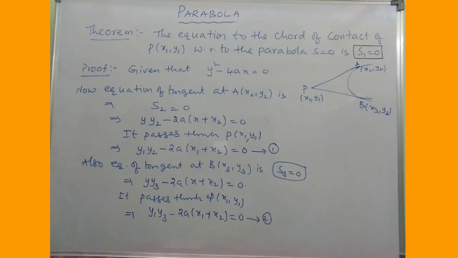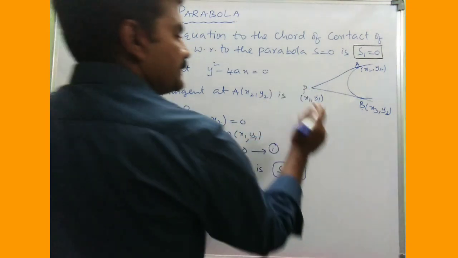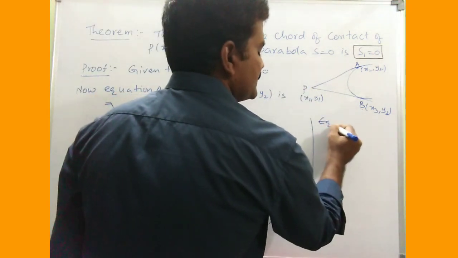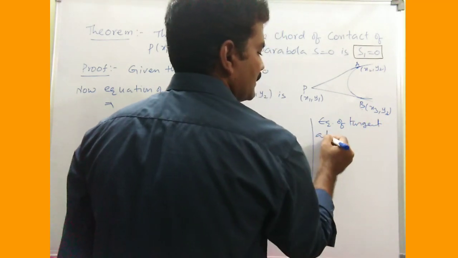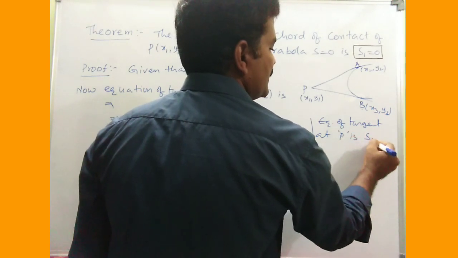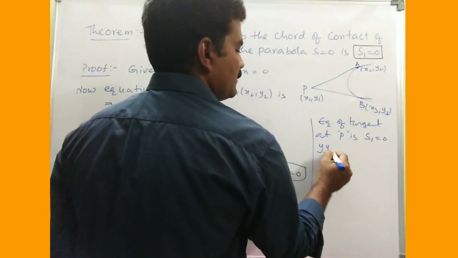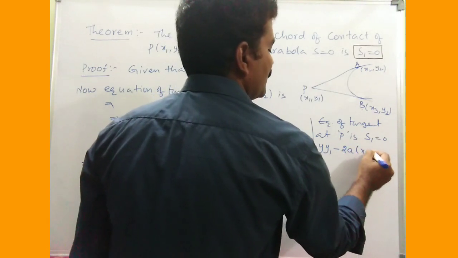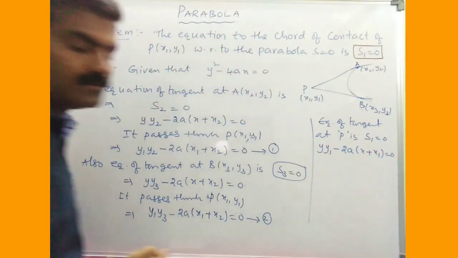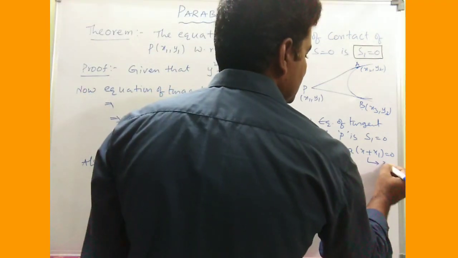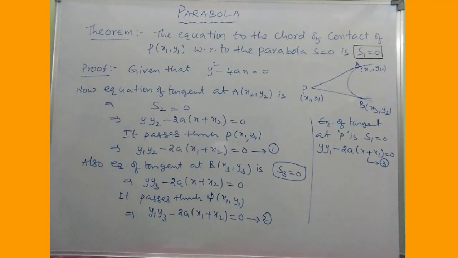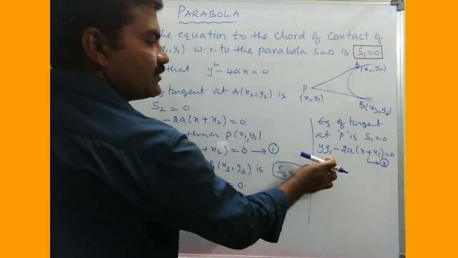But you know, my dear, what is generally the equation of tangent at P? The equation of tangent at P is usually S1 equals 0, that is y y1 minus 2a into (x plus x1) equals 0. Isn't it? Let it be considered as equation number 3. Right? So now, what can you say about equation 1 and equation 3?